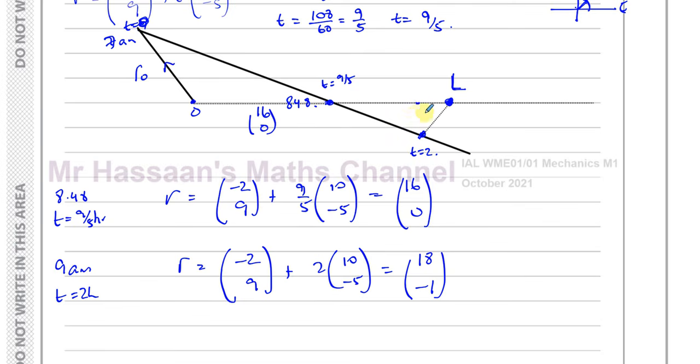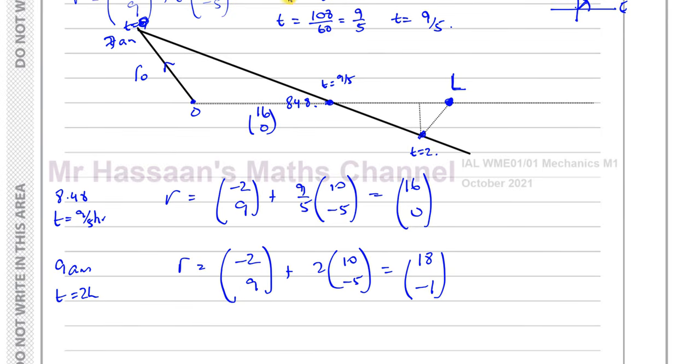Up to here it's 18, and down here this is minus 1. So I can just draw this.